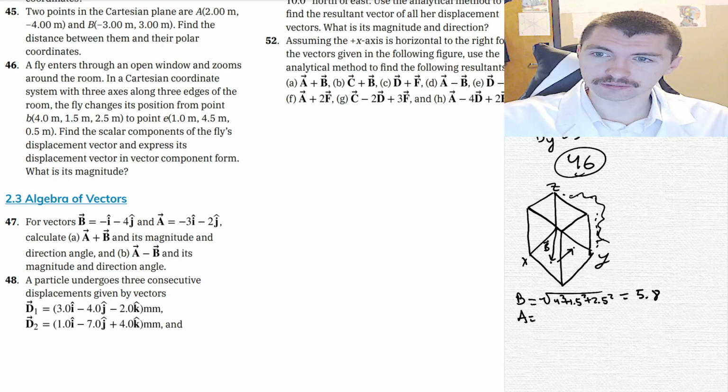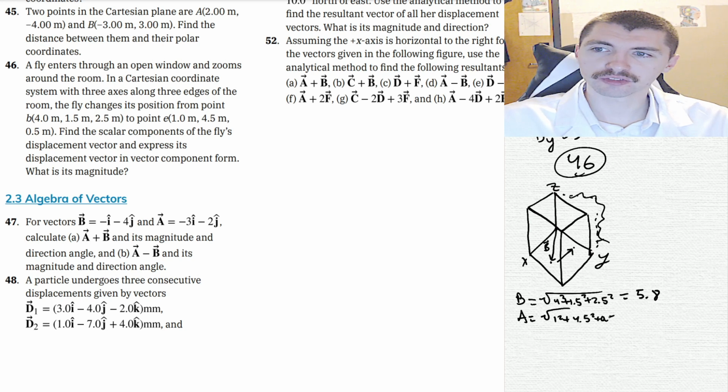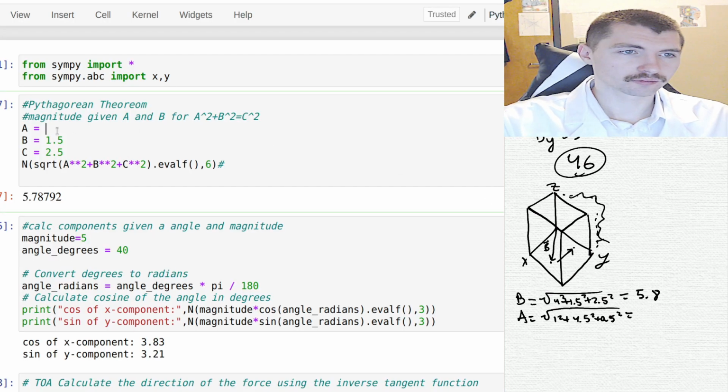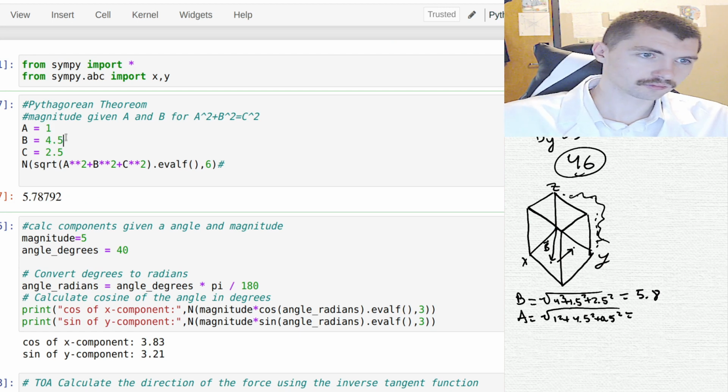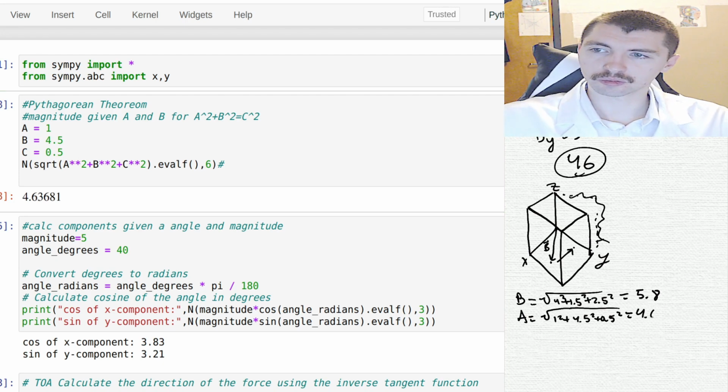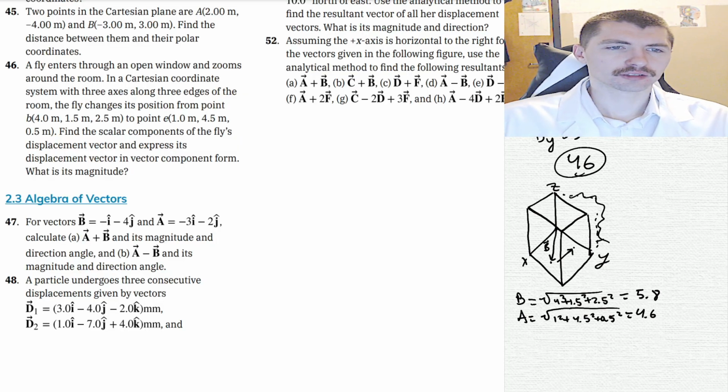Let's find A. One squared plus 4.5 squared plus 0.5 squared, 0.6.